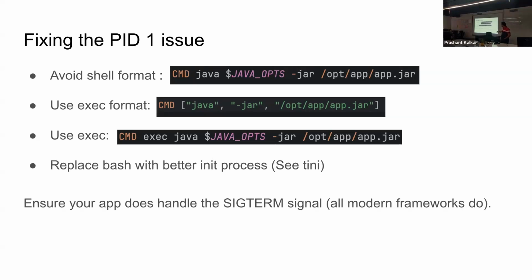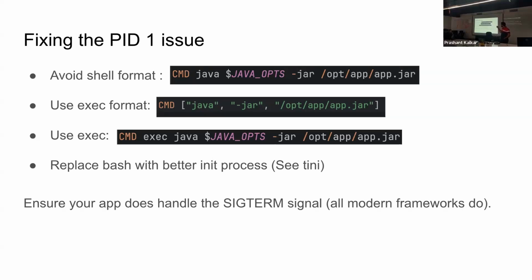Both of them are completely different. There is one more difference, but right now just focus on this. The first one is the shell format, because it will use the shell. In this case, you don't even know that you are using shell, but it will be executed as a shell command.